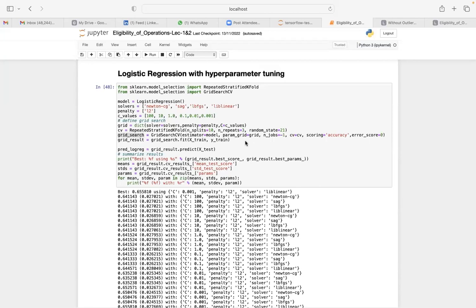And in this model, we are taking logistic regression. Solvers are basically like a sub-algorithm inside the main algorithm. There you can see Newton, CG, SAG, LBFGS, liblinear.